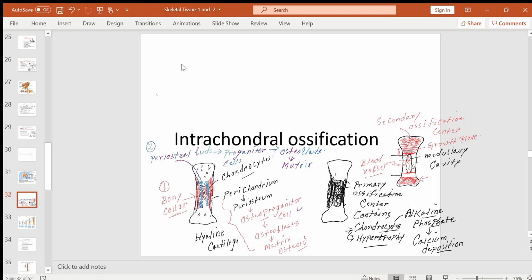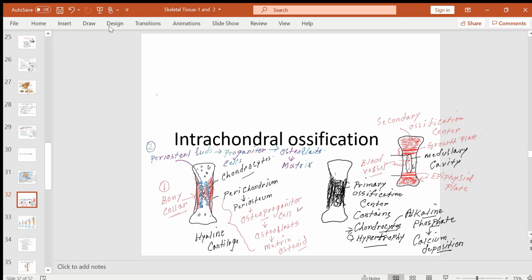And finally, a thin hyaline cartilage will remain in between, and that is called the epiphyseal line from outside, or from inside it is the epiphyseal plate.